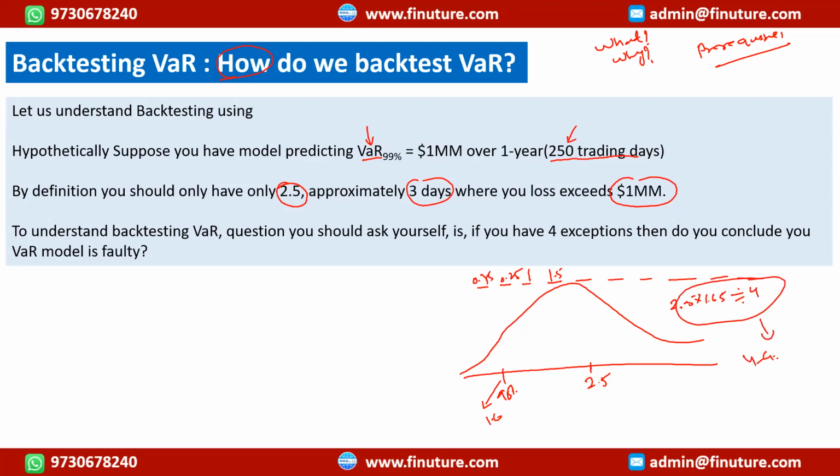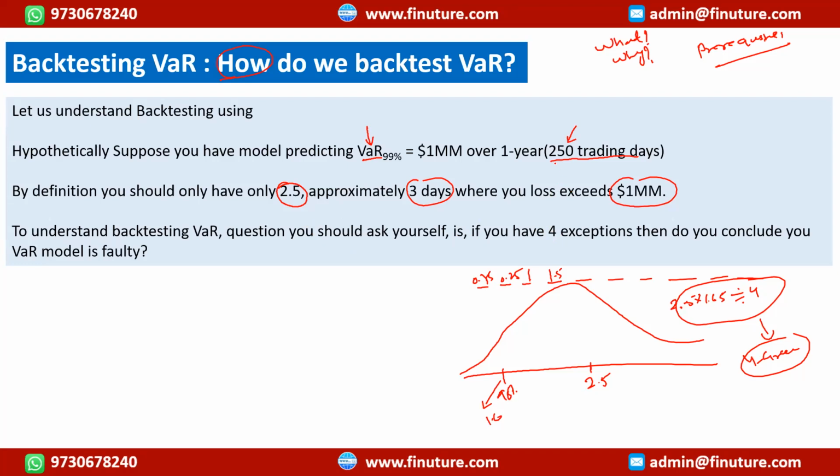No book will explain these things, but this is the actual background if you are interested. We will calculate the probability of getting each exception in this case, and accordingly we will calculate the probability of type 2 error. But for this slide, just understand that you monitor these exceptions to backtest your VaR.